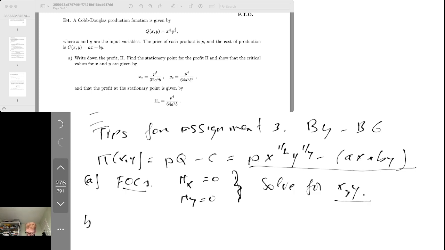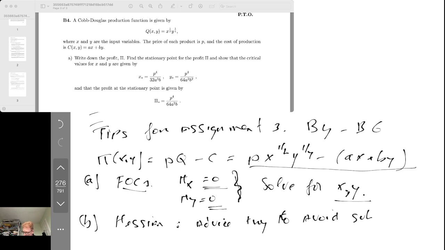For part B, you need to calculate the Hessian from the expressions you found here, and my advice is to try to avoid substituting x star and y star.